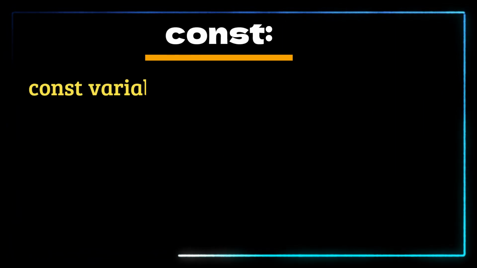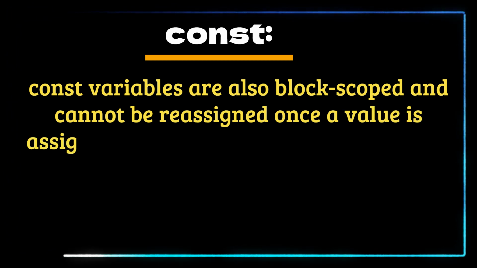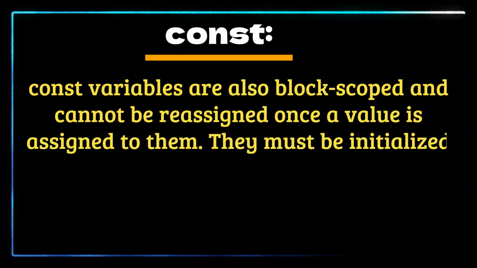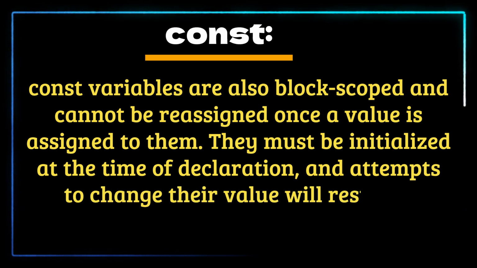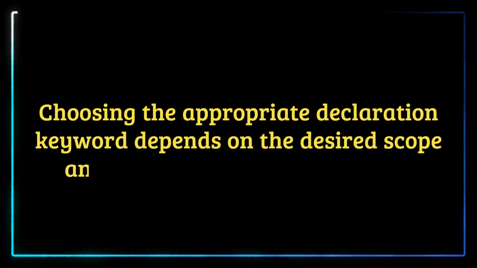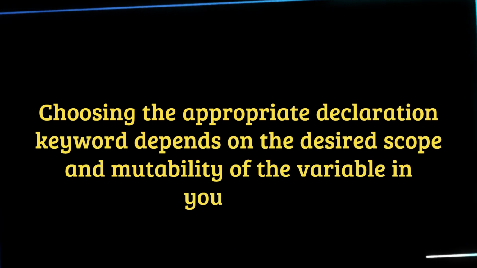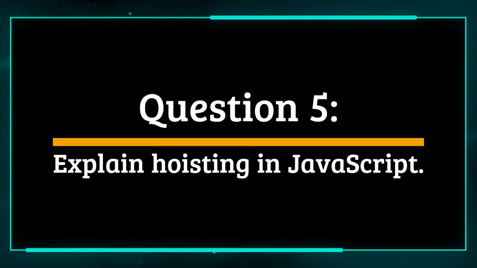Const variables are also block-scoped and cannot be reassigned once a value is assigned to them. They must be initialized at the time of declaration, and attempts to change their value will result in an error. Choosing the appropriate declaration keyword depends on the desired scope and mutability of the variable in your code. Question 5. Explain hoisting in JavaScript.